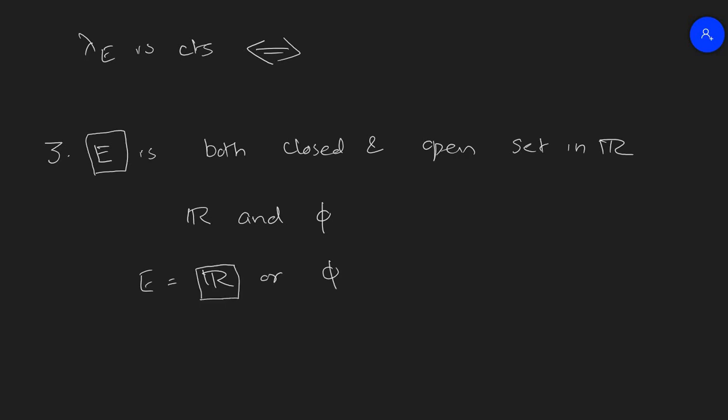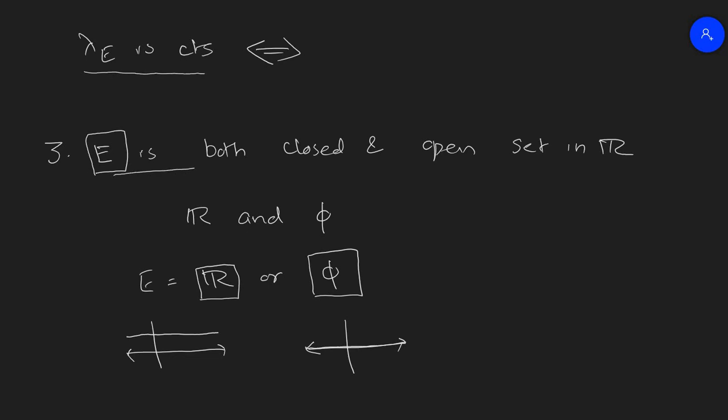Suppose E is R, which means the characteristic function takes the value 1 for all real numbers. The function looks like a constant function f of x equals 1. And if E is the empty set, the function takes the value 0 for all x belonging to the real numbers. In both cases, the function is a constant function, thus it is continuous. Thus if E is both closed and open in R, it implies f is continuous.